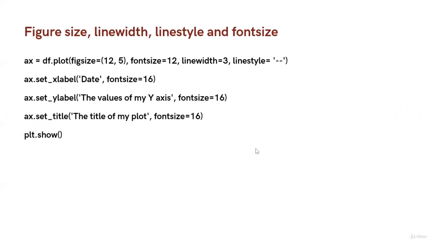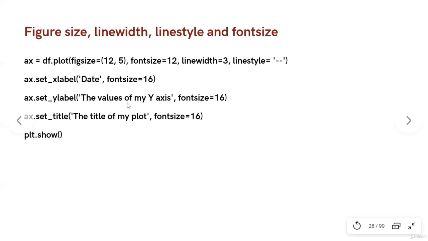For example, you want to label X as 'date' with font size 16, and Y label as 'values of my y-axis'. Since this is in single quotes, or it can be in double quotes as well, Python will take it as a string, as text, and will print it as it is.